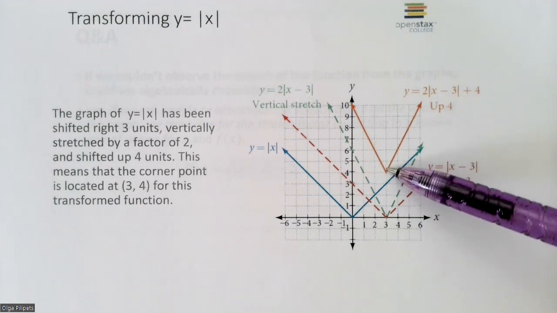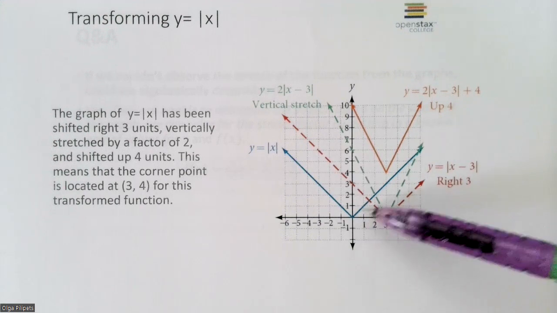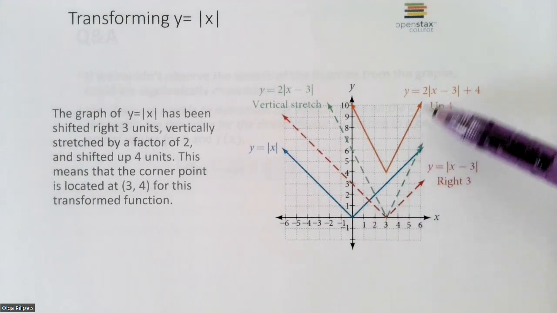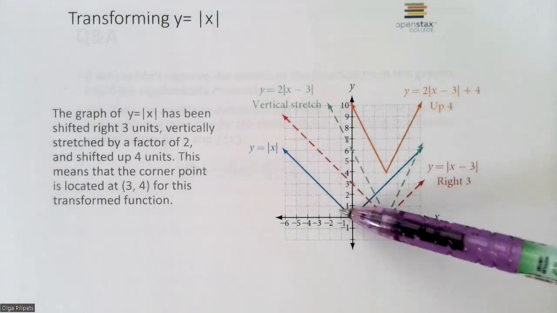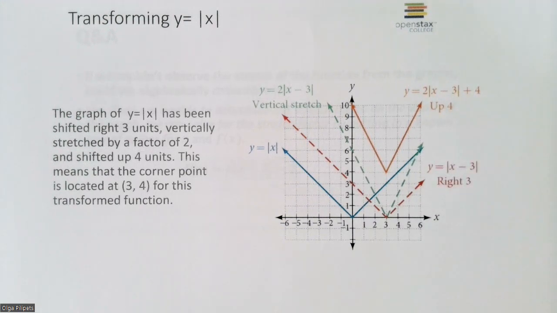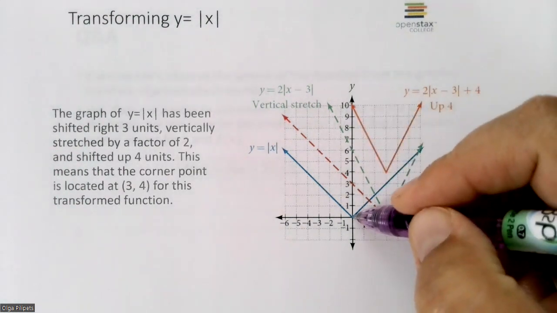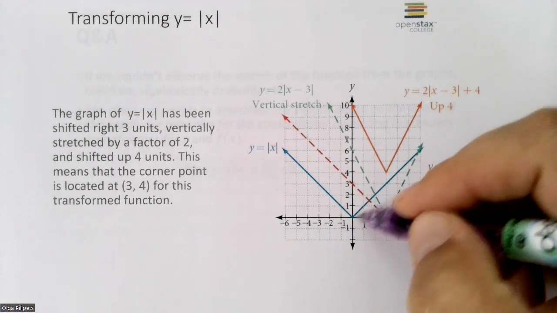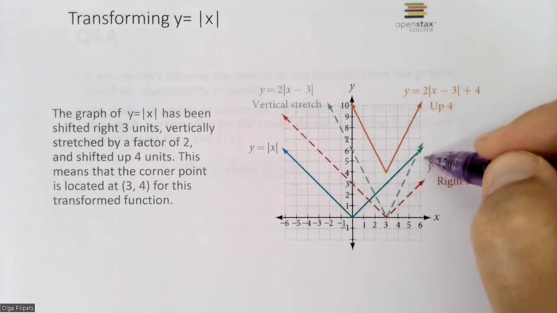And also you could see that this function is actually skinnier. Like the orange function is skinnier than the blue function. So it must have been multiplied. How much was it multiplied? Well, let's focus on this branch of our absolute value function.